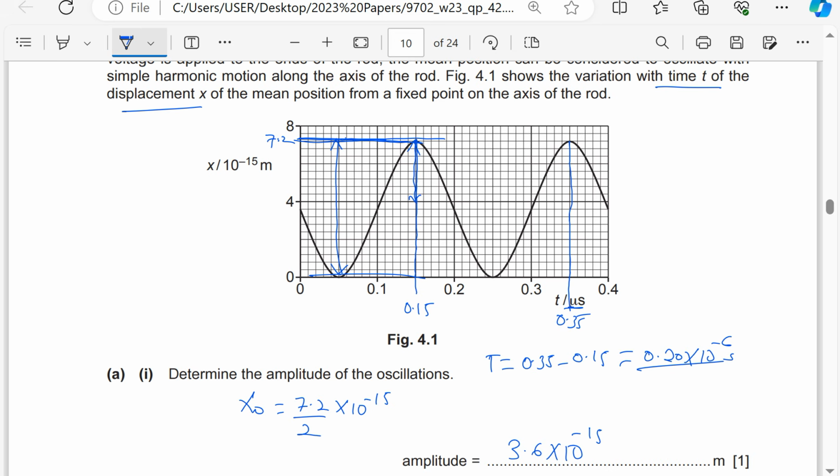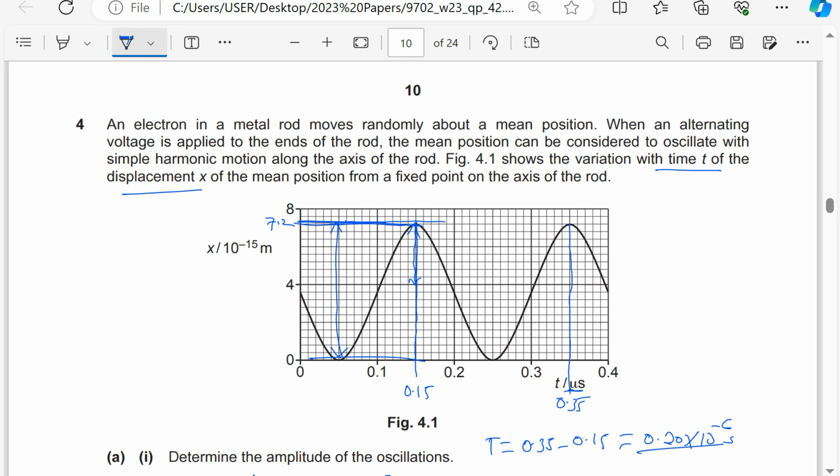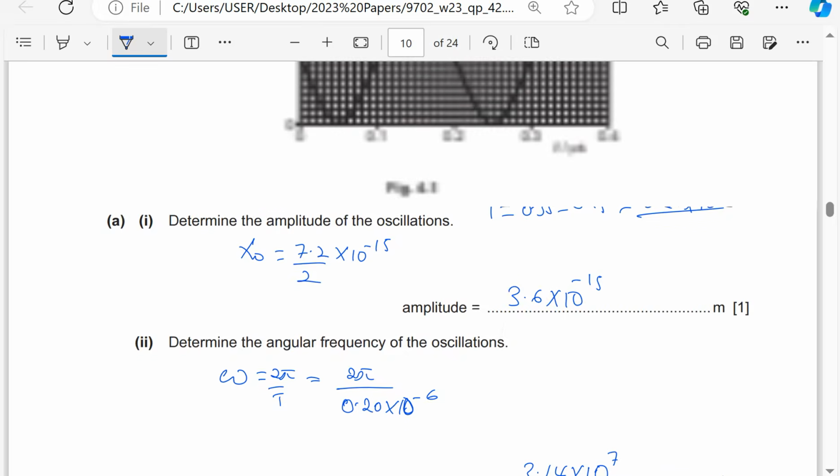At t equals 0, we have the displacement. At t equals 0, the displacement is very close to 0. Okay, let me see.